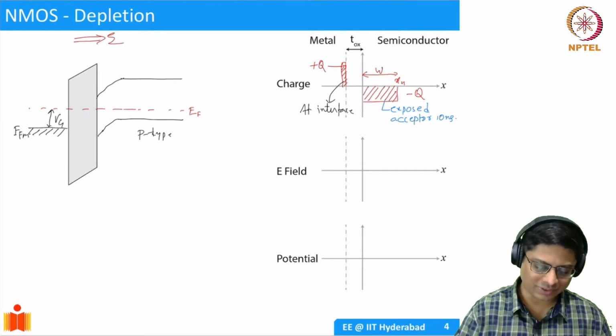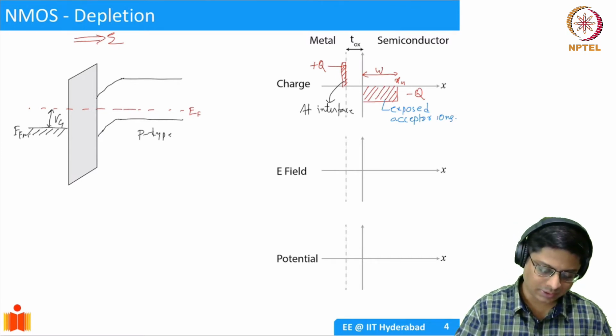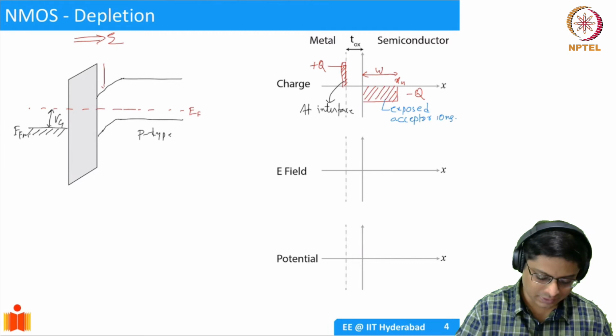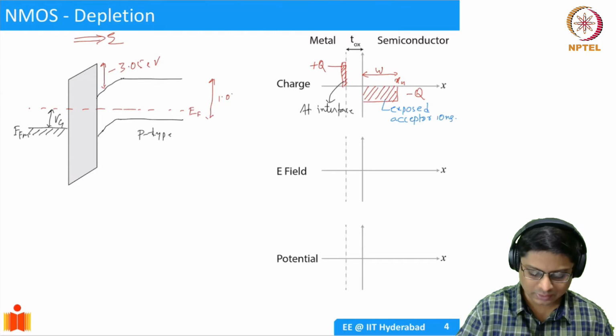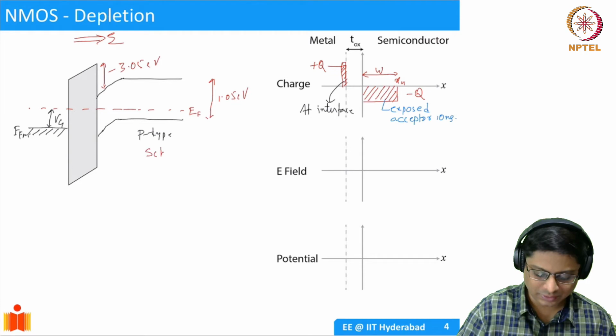Always remember this is a crude way of representing. It's not exact, because we know that this distance is 3.05 eV and this distance is 1.05. So it is only a schematic illustration. The band diagram is not to scale.